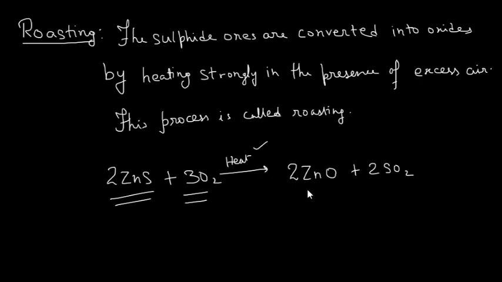ZnS is converted into zinc oxide and sulfur forms sulfur dioxide. To remove sulfur only, we do this process, roasting, to form oxides of the metal. So this is roasting. Now the calcination.